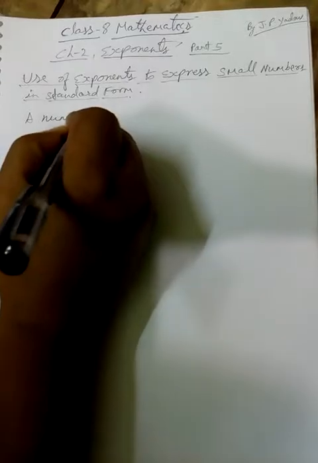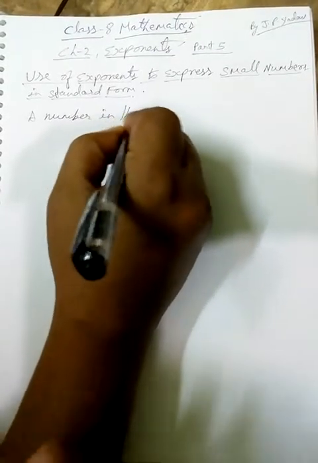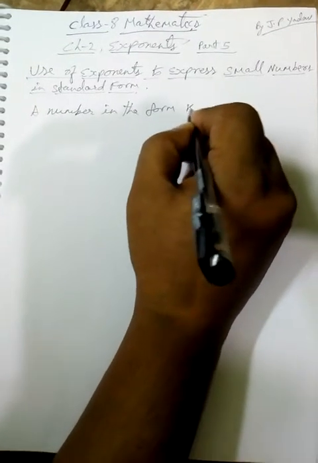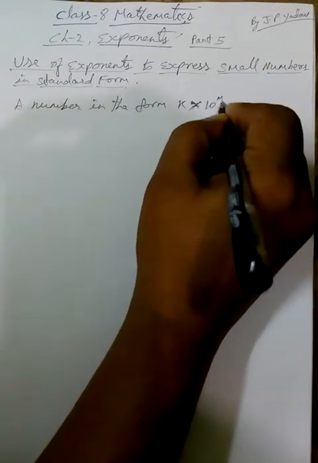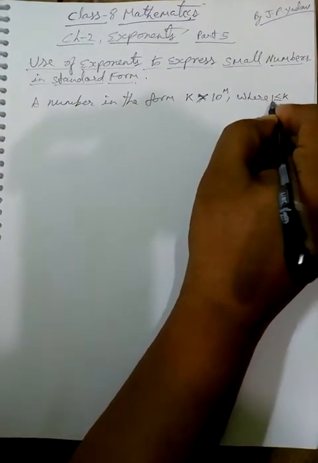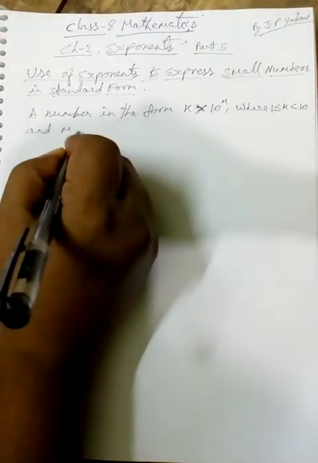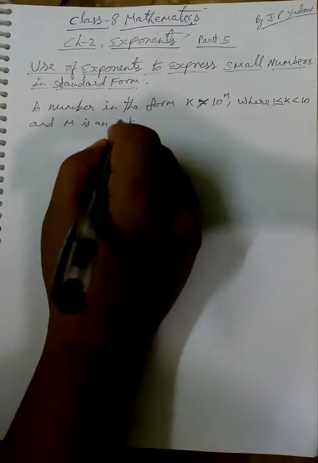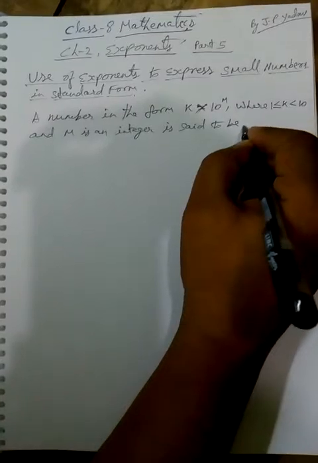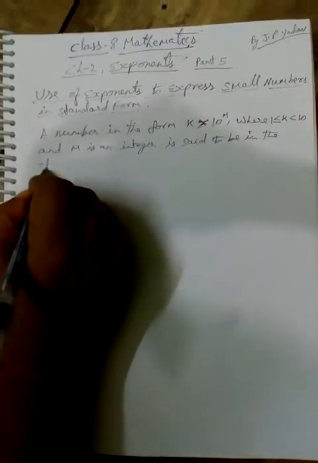A number in the form k into 10 raised to power m, where k is greater than or equal to 1 but less than 10, and m is an integer, is said to be in the standard form.